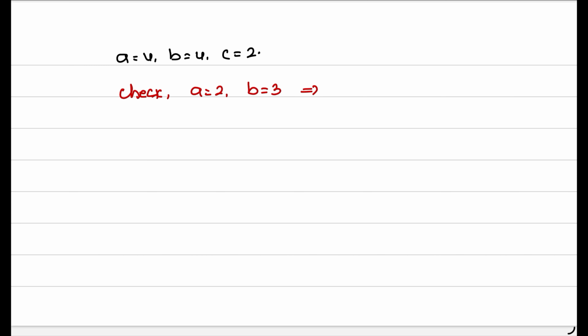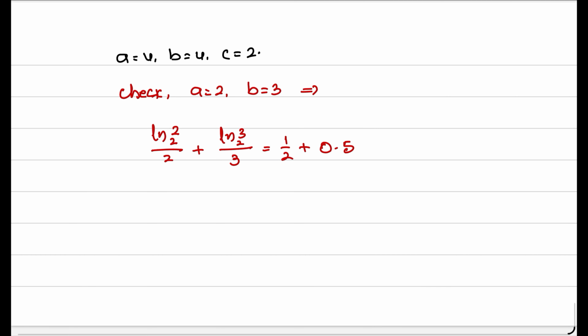That implies ln 2 to the base 2 divided by 2 plus ln 3 to the base 2 divided by 3, that is equal to 1 by 2 plus ln 3 to the base 2 divided by 3. This is approximately 0.52.